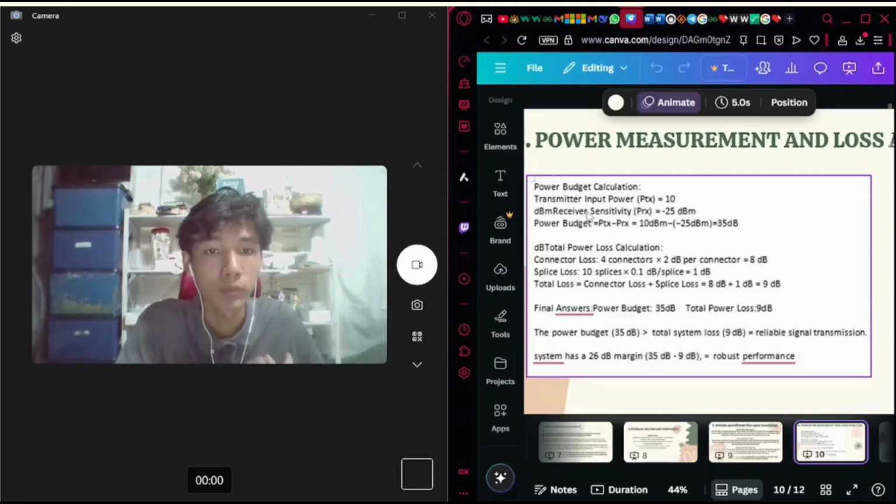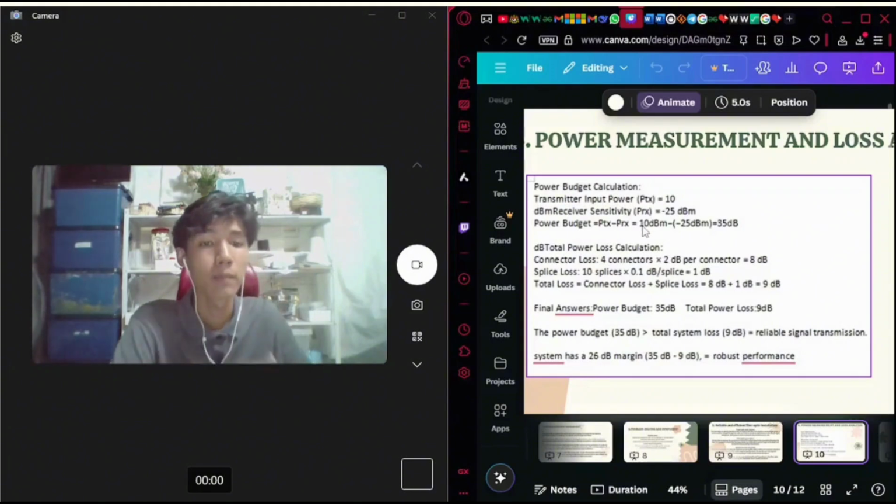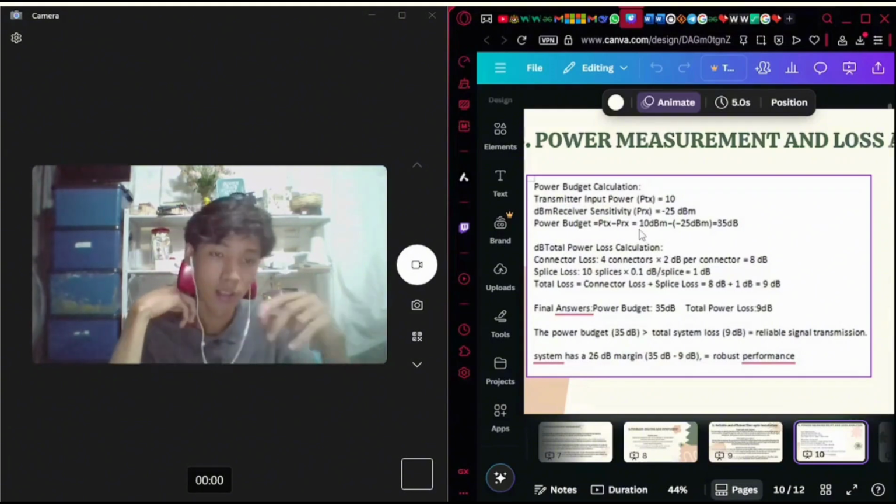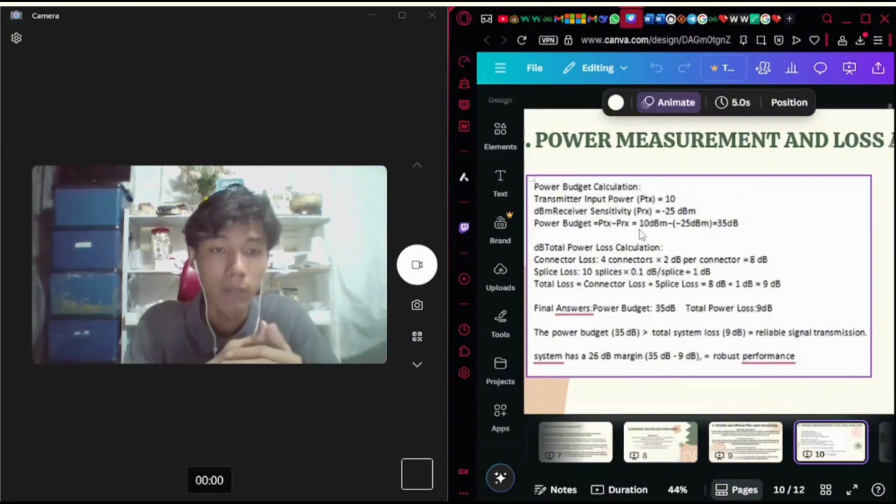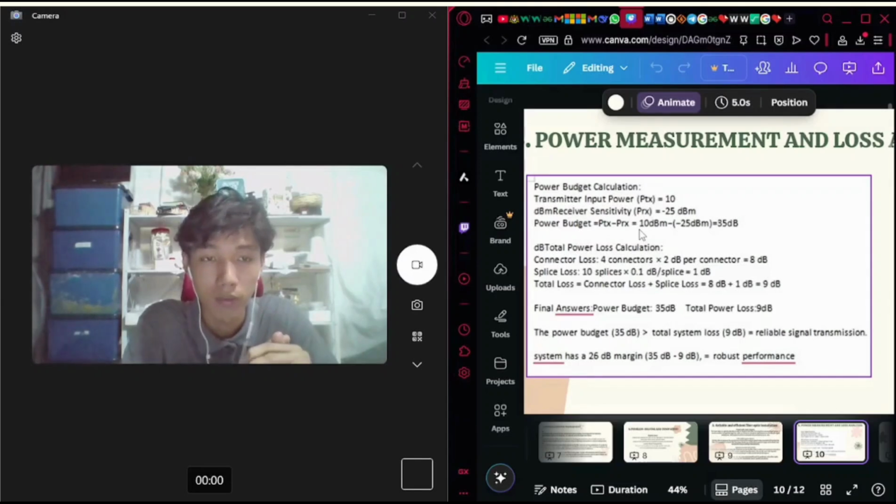The transmitter input is 10 dBm and the receiver sensitivity is negative 25 dBm, and the power budget equals transmitter minus receiver: 10 dBm minus in bracket minus 25 dBm, equivalent to 35 dB.